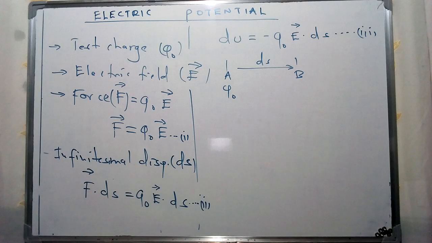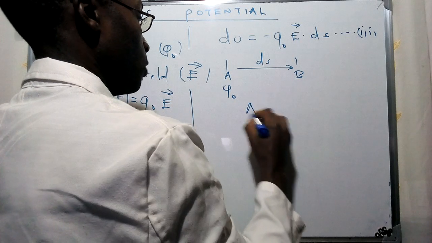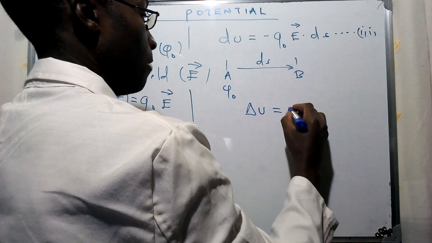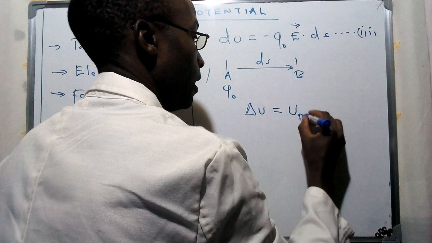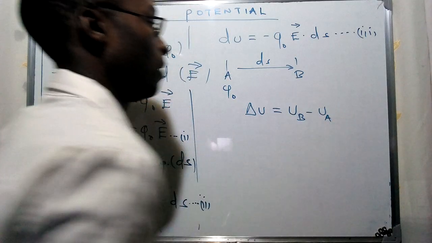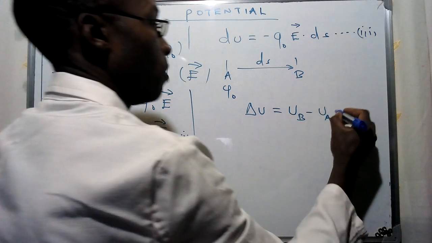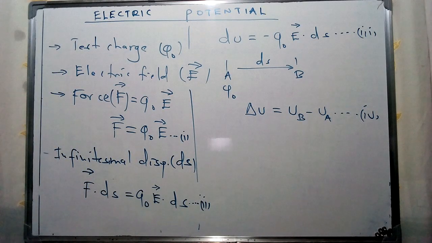The change in potential energy can be given for A and B as delta U, the change in potential energy from A to B, given as U sub B minus U sub A. And that is going to form a fourth expression for the change in potential energy.